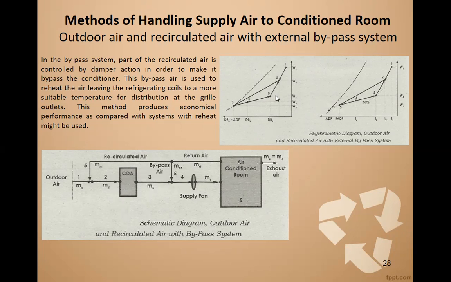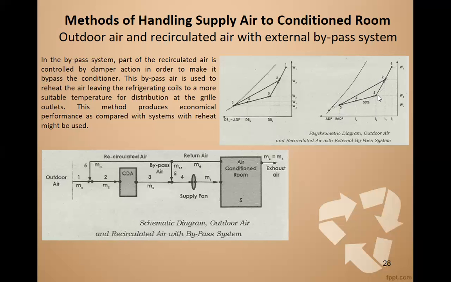Okay? So, this is the diagram, the psychrometric diagram. Kung ito, 100%, ito hindi. So, yan. Let's say, 1, 2, mix ng 5, tapos 3, cooling coil, CDA, and 3 to 4.